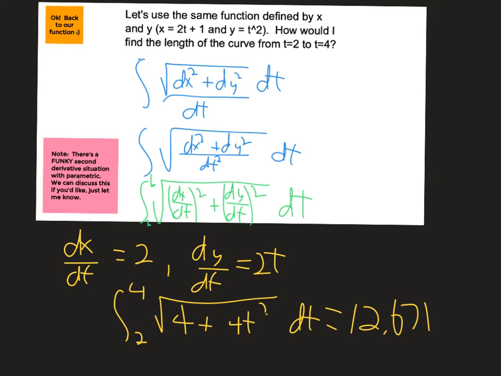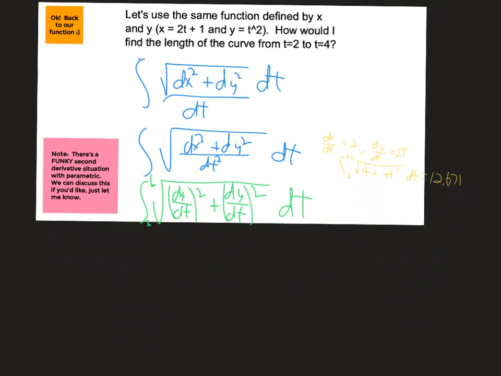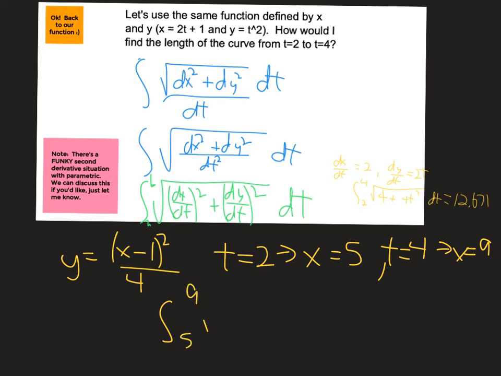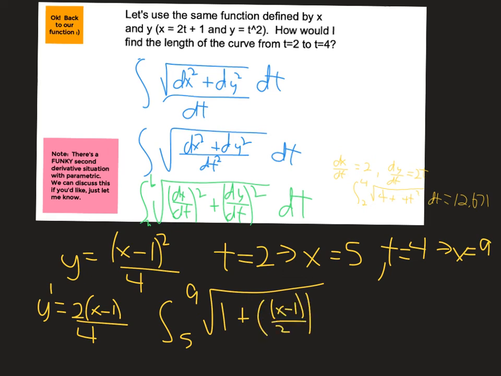Now, I'm just curious. We knew for x stuff that it was y equals x minus 1 squared over 4. And t equals 2 means that x equals 5, and t equals 4 means that x equals 9. So could I have integrated from 5 to 9 square root 1 plus y prime, which is 2 times x minus 1 over 4, so x minus 1 over 2 squared?